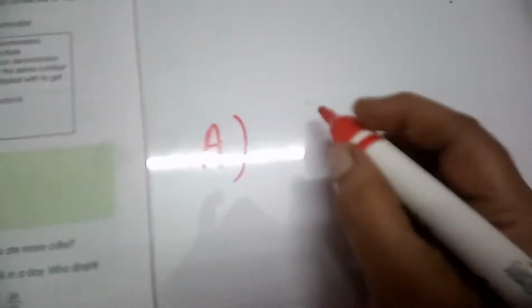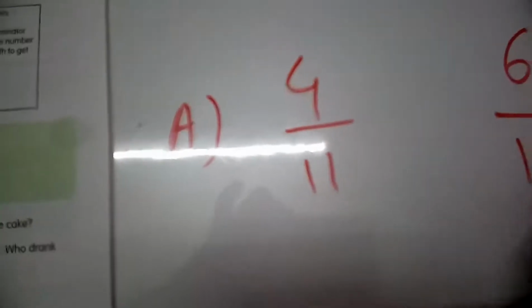Then on page number 25, you have the question, compare the fractions. How will you compare the fractions? A. 4 upon 11 and 6 upon 11.